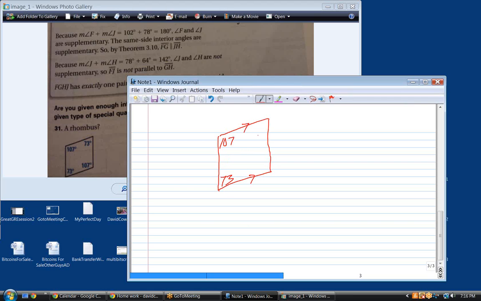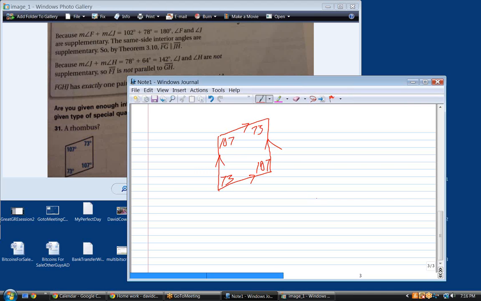And this one is 73, and this one is 107. So if I rotate this 90 degrees left, we would know that this has to be parallel to that, based strictly on this transversal.